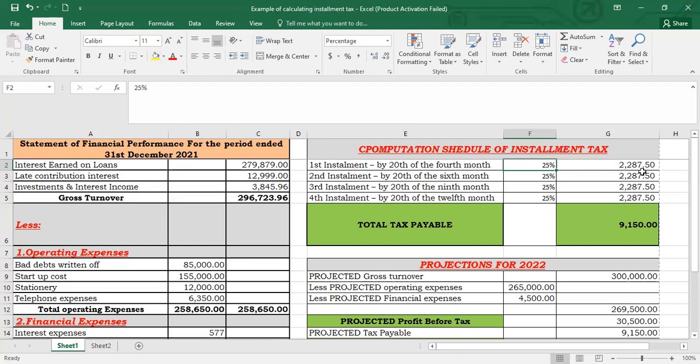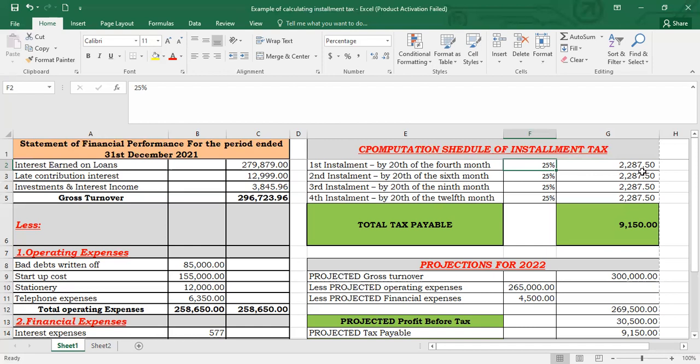So now you are doing an installment, you are now concentrating on the current financial year, which is now 2022. The law requires you to pay installment tax, so you have to calculate in those ways so that you can comply to the law. But if you don't do so, you are going to be penalized.